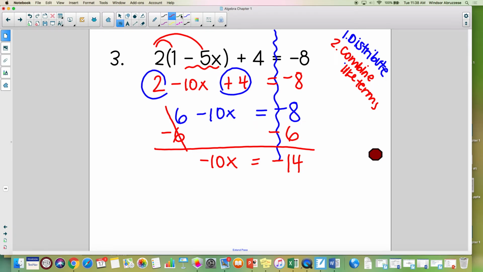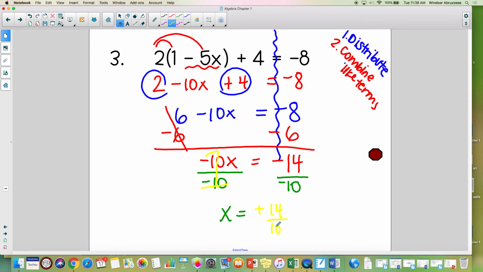Now these two are joined by multiplication. So I'm going to do the inverse and divide by the coefficient, which is negative 10, on both sides of the equation. X equals, this simplifies to a 1. Negative 14 divided by negative 10 is a positive 14 tenths. Now, we tend to freak out when we see fractions that don't divide in evenly, but you can leave it as a fraction.